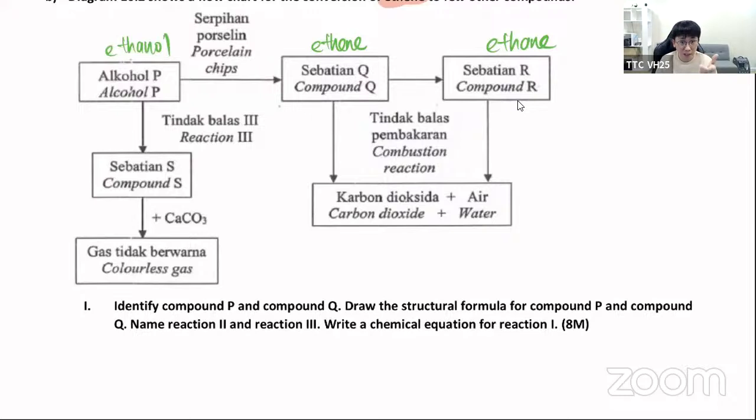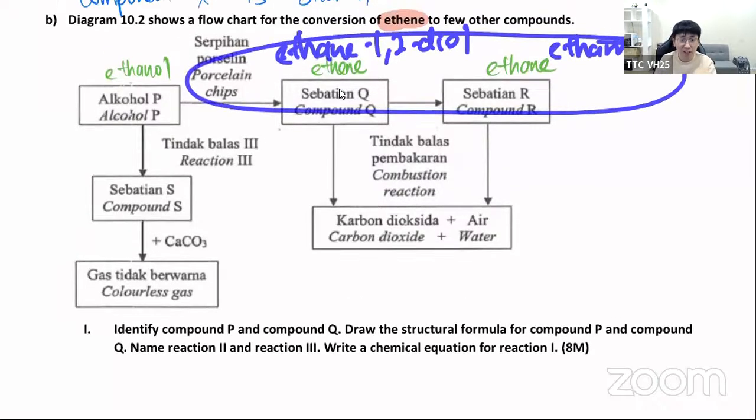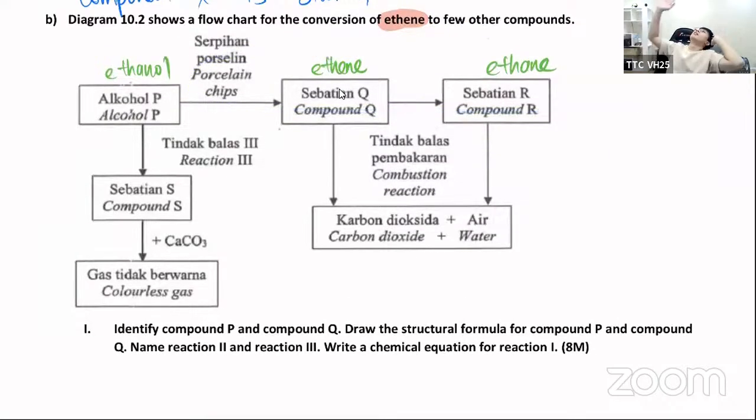Did he give you the answer directly like that? So he said this is ethane-1,2-diol, and then he said this is ethanoic acid. He gave you this as your answer. No one questioned him just now?